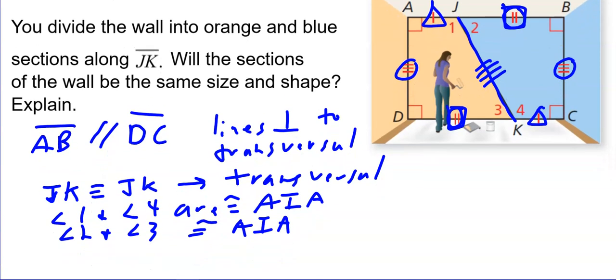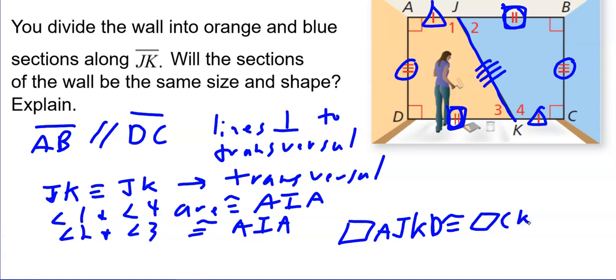So what we have is what's called a parallelogram. AJ, KD is congruent to CK, and we're going towards the transversal, then travel down the transversal over to the other shape right there. Sorry, losing my words.